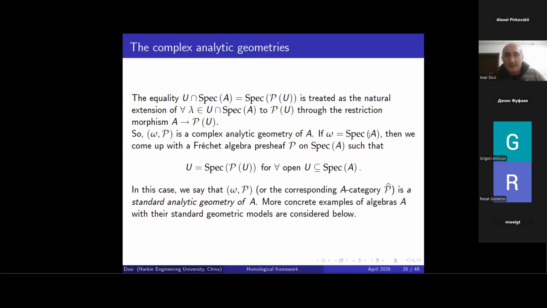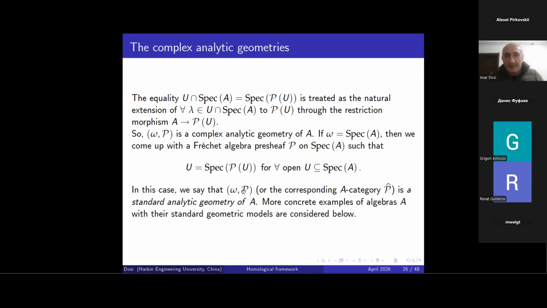Well, if this topological space omega, that we don't know what it is, is reduced to just the spectrum of A, that means we come up with the Fréchet algebra presheaf on the set with this property. For every open set, we have this equality.